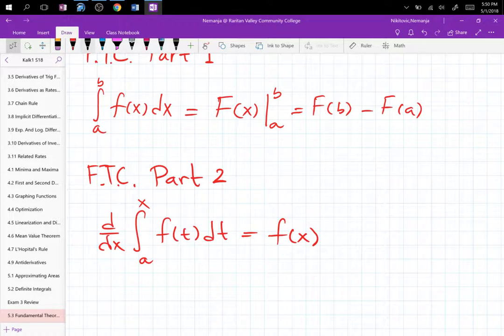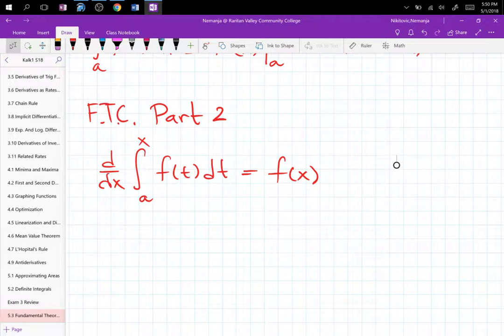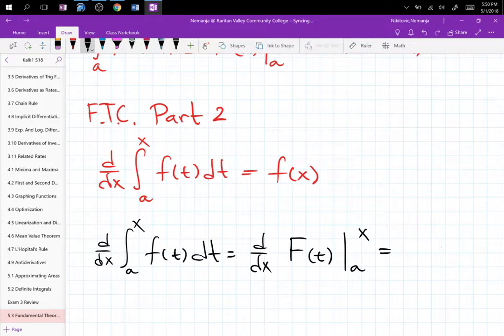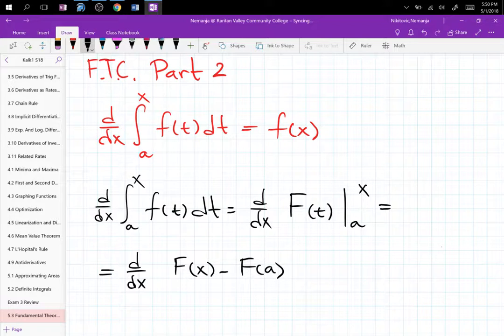Now, I'm going to do the proof for this so that it's clear that this is what we get. Again, this is a theoretical section. I'm going to first integrate f of t dt, and what I get is the antiderivative F of t computed from a to x. Now I will use the fundamental theorem of calculus part 1 to compute the given function, and I will get F of x minus F of a.